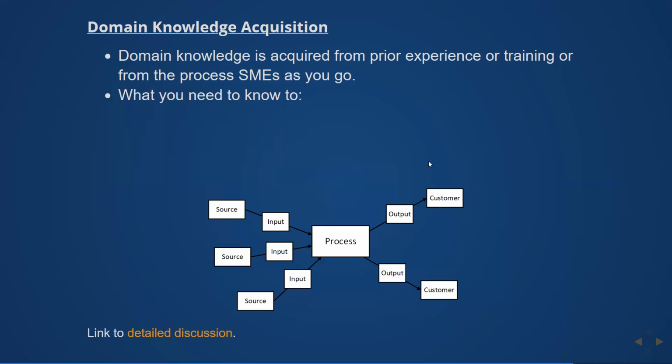The more you know is always better. So in theory, a BA is a learning and translating machine that can learn everything on the fly, but as a practical matter, people need to be familiar with an industry, and they'll do a better job if they know more.